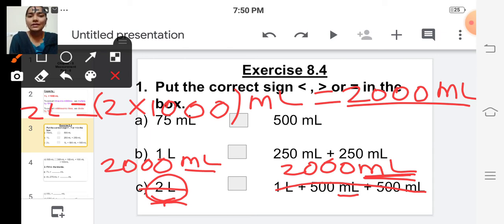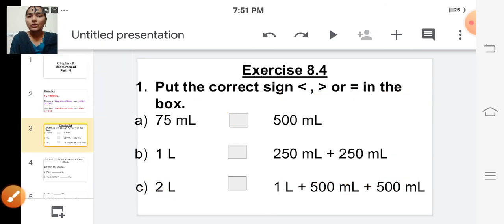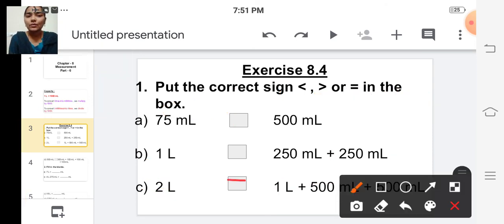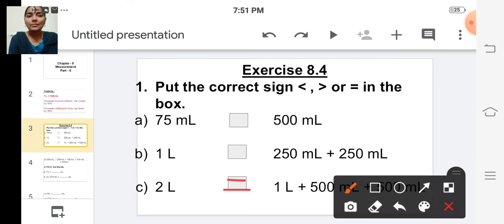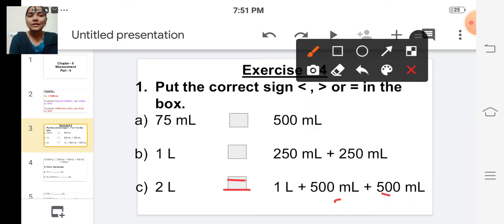Here 2000 milliliter and here also 2000 milliliter. So which symbol has to be written here? Both are equal, right? So we have to write equal to. Okay. So 2 liter is equal to 1 liter plus 500 milliliter plus 500 milliliter. So here we have to write equal to.